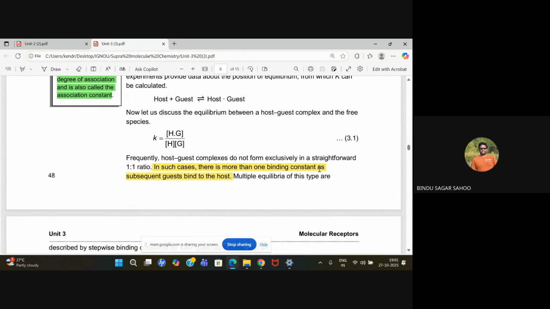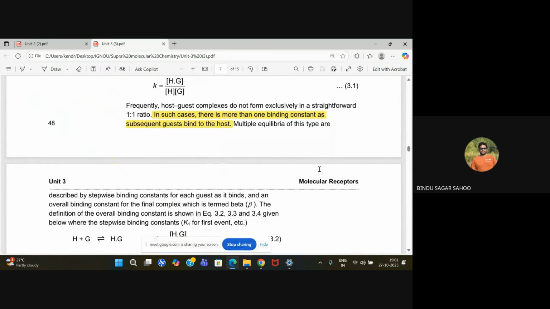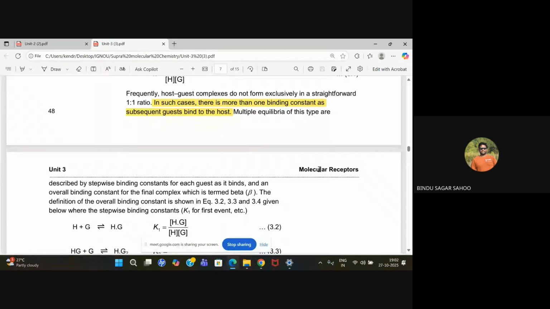So sometimes multiple equilibria can exist, in which the first step forms a monomer complex, and in the second step they form a dimer complex, like that. And the overall binding constant of the final product is called the overall binding constant, denoted beta.